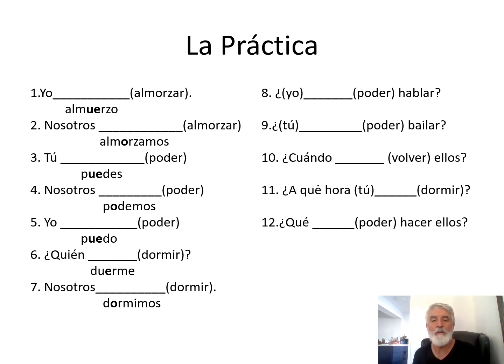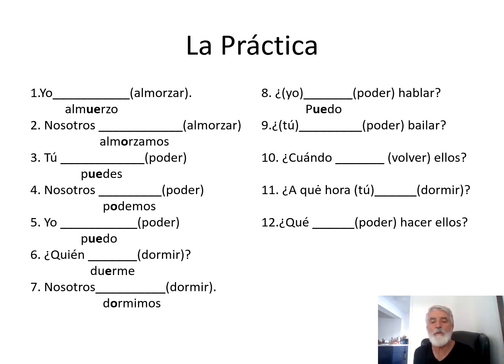So here we want to ask the question. I start out with an upside down question mark. ¿Can I hablar? Can I speak? So will there be a stem change when I go to conjugate poder in the yo form? Yes. ¿Puedo hablar? Can I speak?